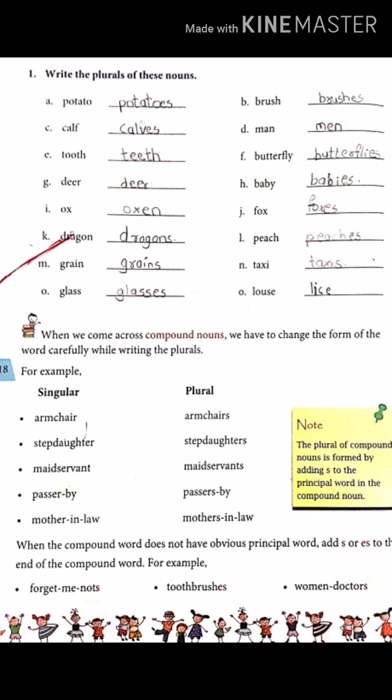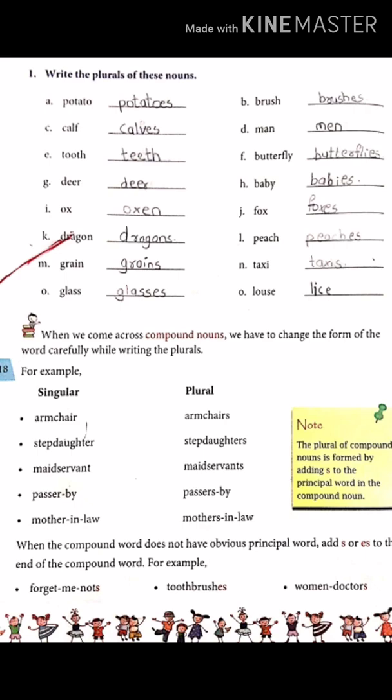Deer, deer. Baby, babies. Ox, oxen. Fox, foxes. Dragon, dragons. Peach, peaches.